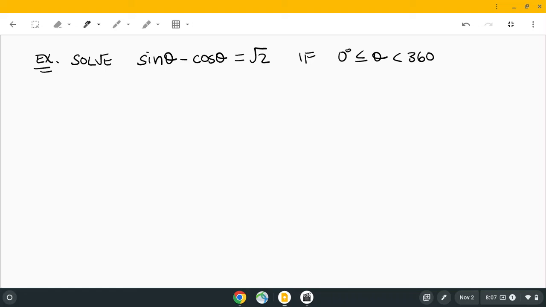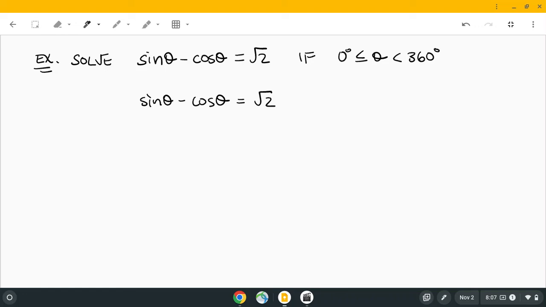All right, so suppose that you have to solve sine theta minus cosine theta equals square root 2, if theta is between 0 and 360. Why don't you try this one on your own and then come back and see if you get the same answer.